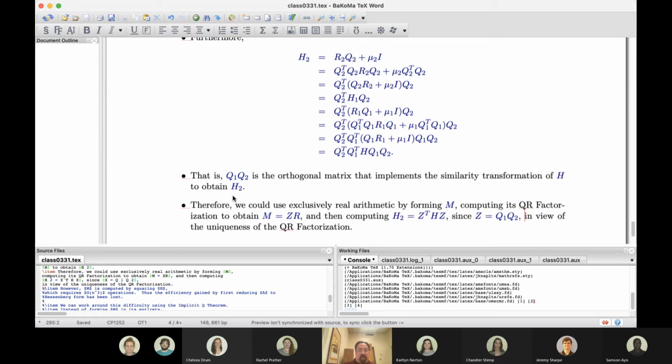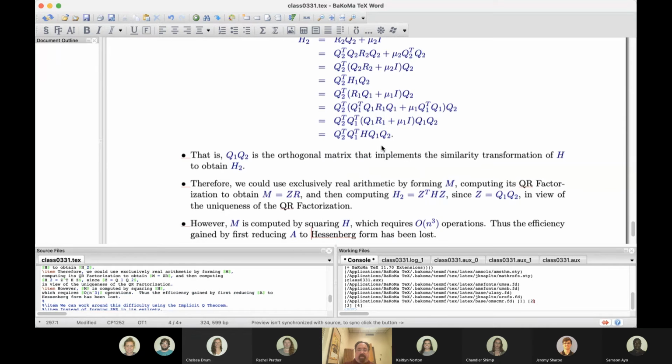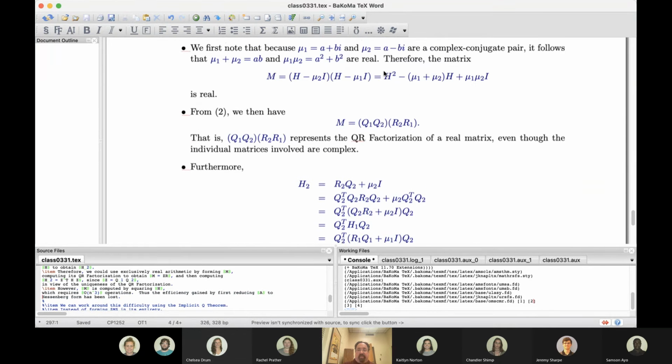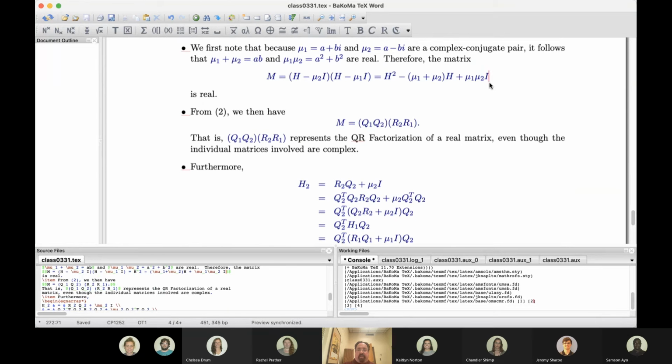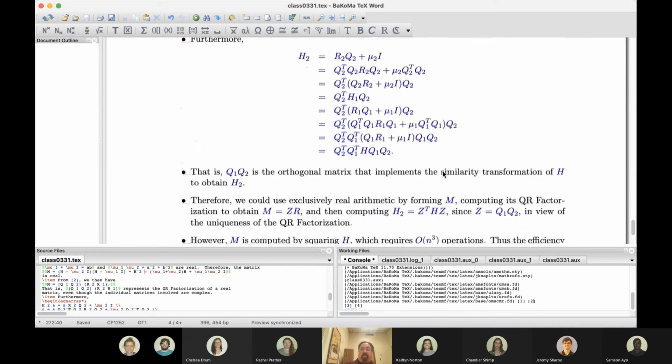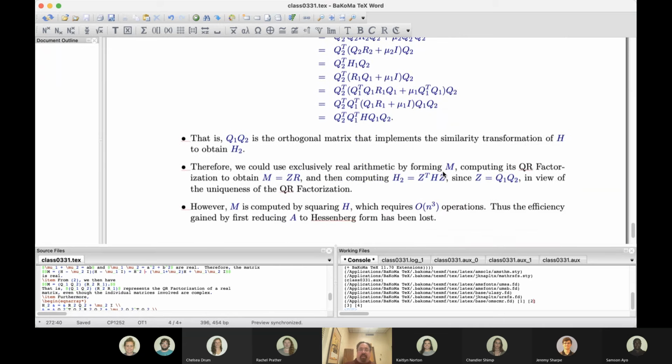But there's one huge drawback to this. It's actually a deal breaker. Look at how we compute M. Up here, we're taking a second-degree polynomial of a Hessenberg matrix H. We are squaring H. That's an order n cubed operation. Now, we'd already gotten to the point where each QR iteration requires only order n squared operations.